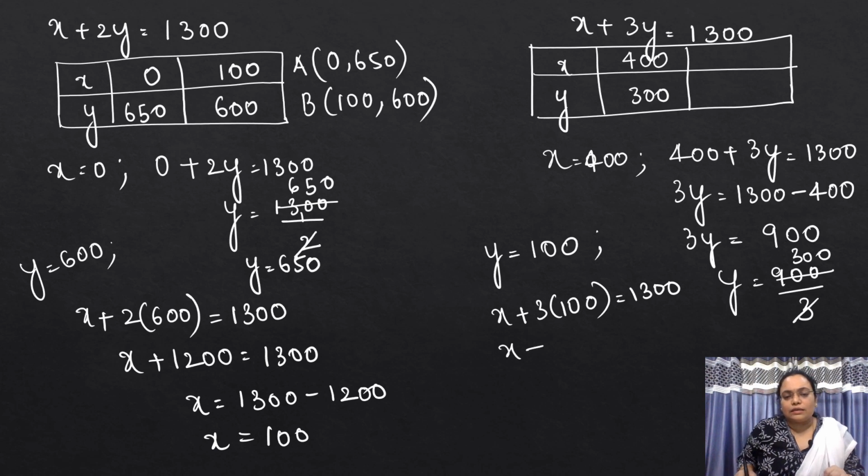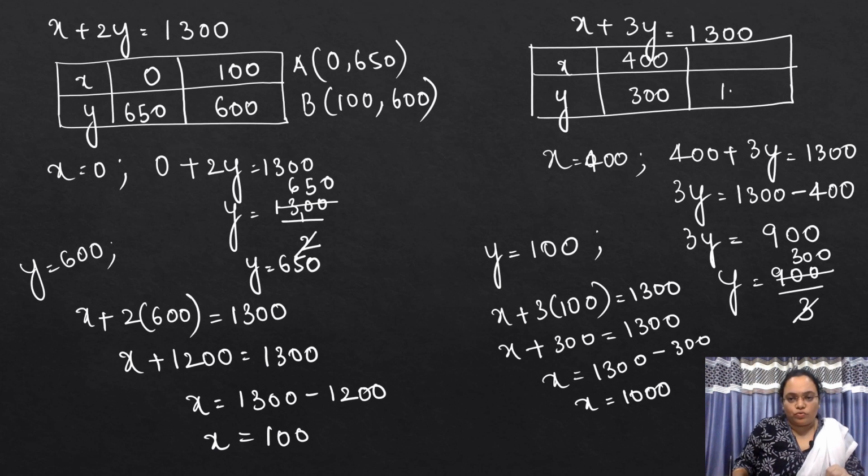So x plus 300 is equals to 1300. x is equals to 1300 minus 300, which is x is equals to 1000. Okay. You take y is equals to 100, you will get x is equals to 1000. So the points will be C of 400, 300 and D of 1000, 100.